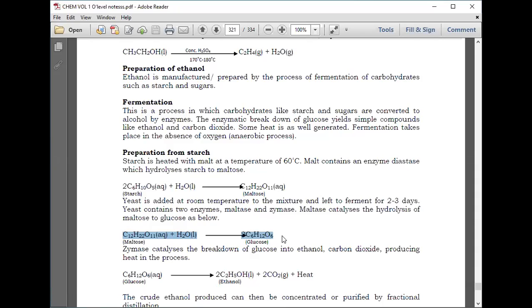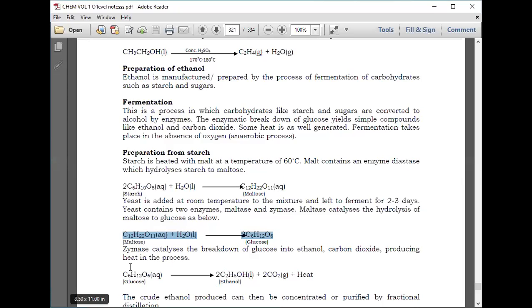From glucose we get ethanol. Most of the time they can tell you to start from one equation, which is that one of ethanol.